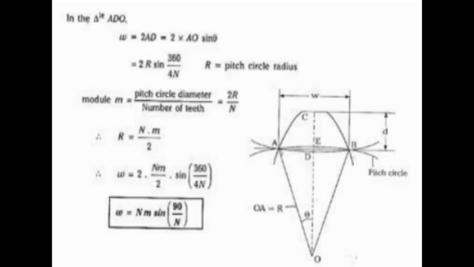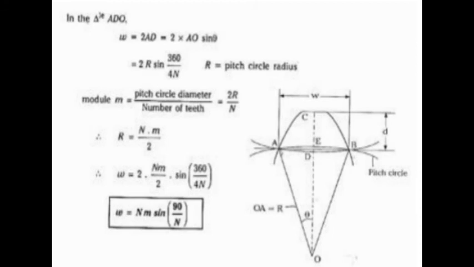So using this geometry we can derive this equation for W, that is chordal thickness, which is equal to nm sin 90 by n, where n is the number of teeth, and r is the pitch circle radius. So OA equal to capital R, which is the pitch circle radius, and small m is the module, and n is the number of teeth.